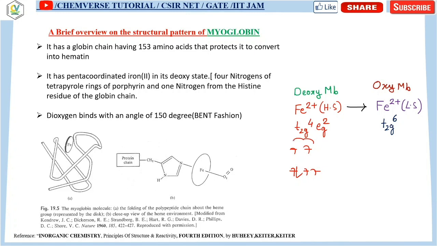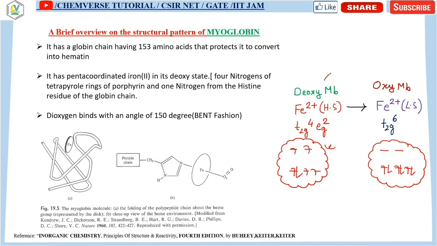So Fe2 plus high spin in octahedral geometry forms this kind of splitting, but when it binds with the oxygen, it becomes a low spin iron 2 where 1 2 3 4 5 6. Okay, so it is basically having low spin or t2g6 configuration. So from high spin to low spin, conversion occurs after binding with the oxygen.